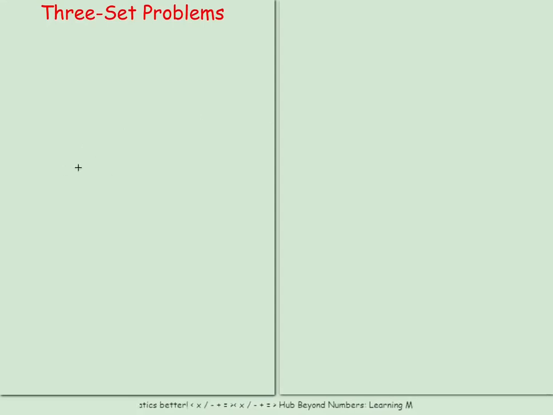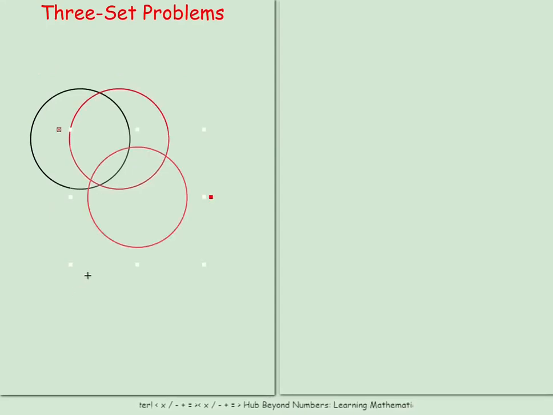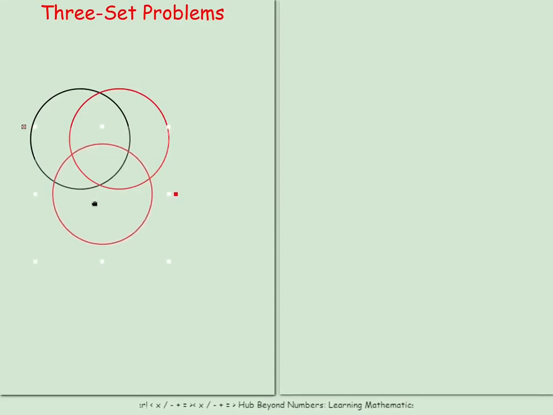So, what I'm going to do is take a first set, and then take the second one and overlap it. Okay. For the second one, let me make it red. And then I'm going to take a third one. We can also change the color as well.